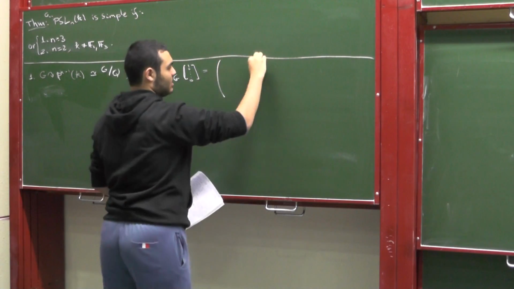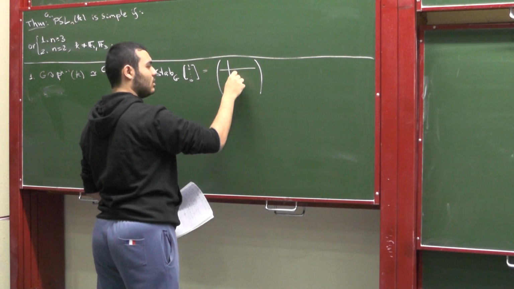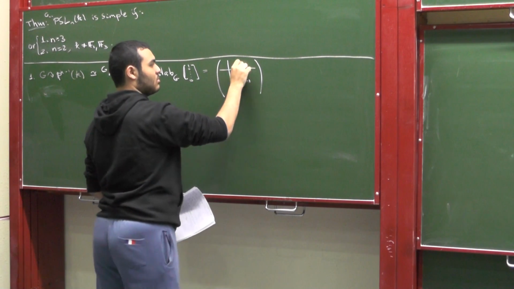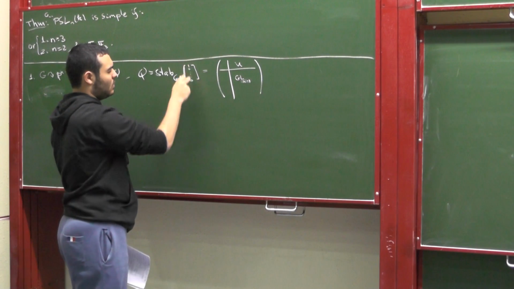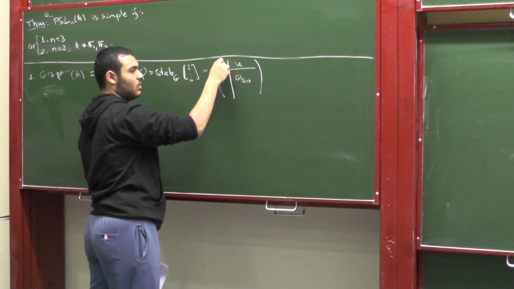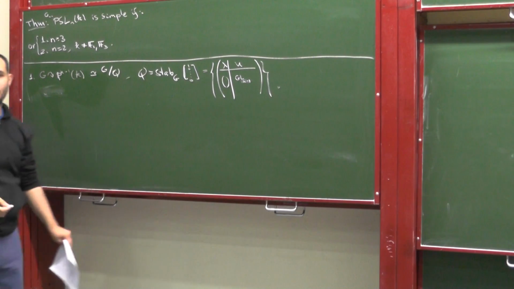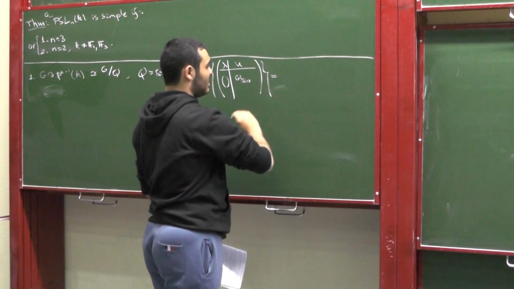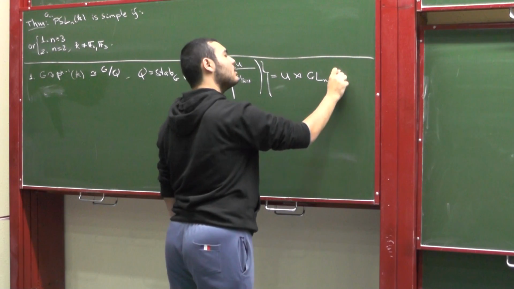So you get a matrix. You don't care what happens here, so you have GL_(n-1), and some entries here. But here you need to send the vector to some multiple of itself, so you get some lambda here and 0 here. Okay? This group is a semi-direct product of U with GL_(n-1).